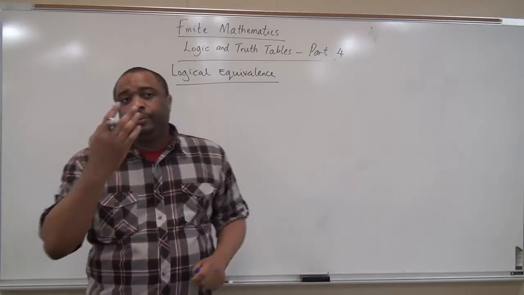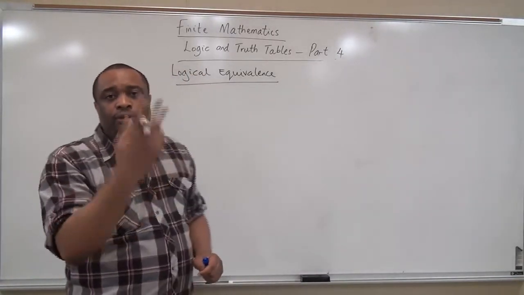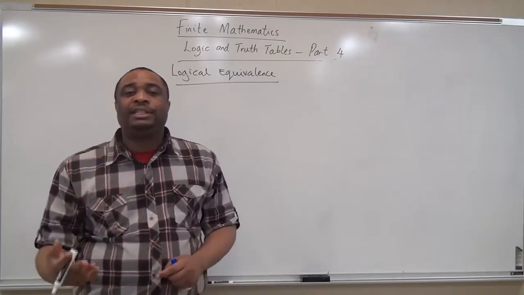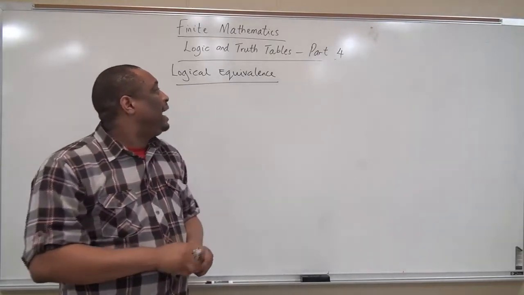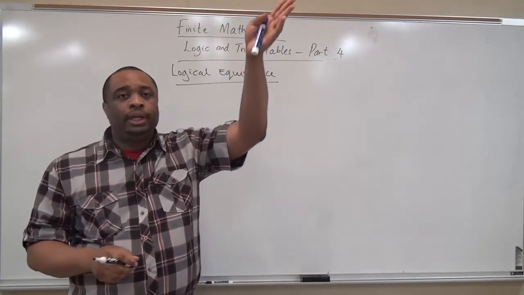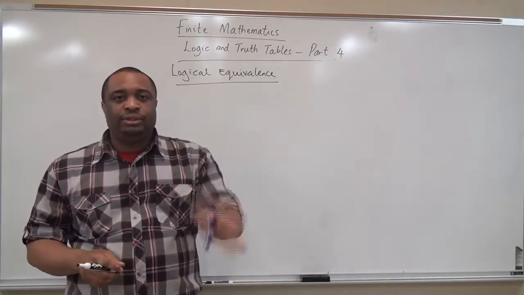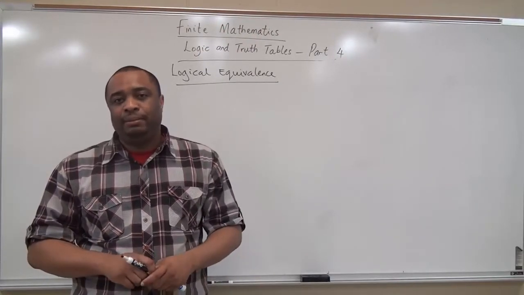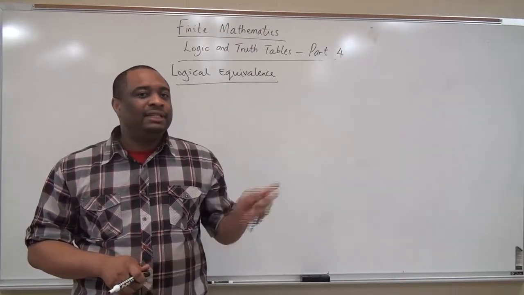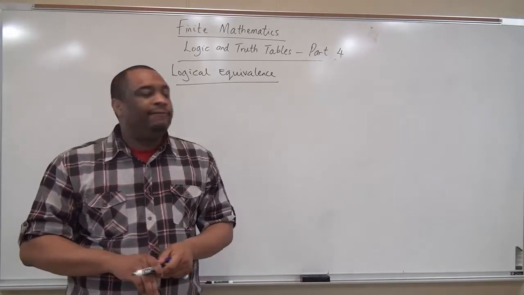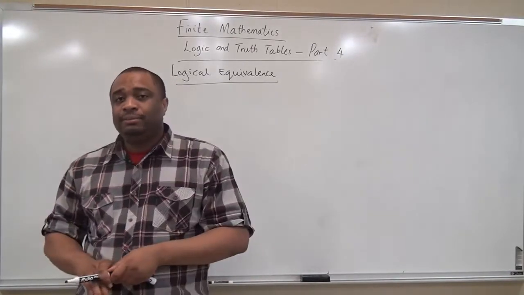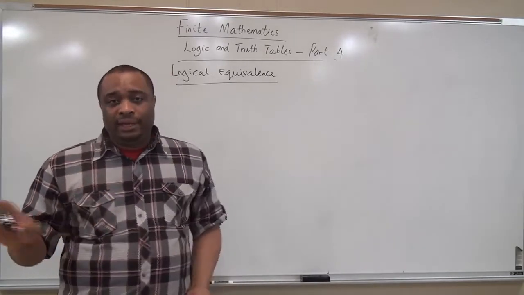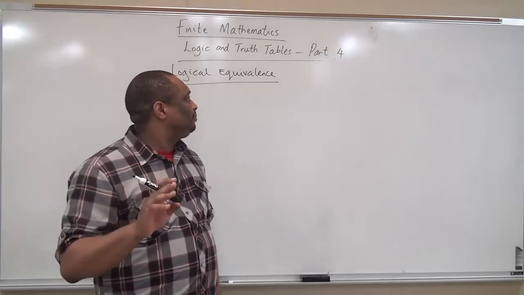I repeat, two statements or two propositions are said to be logically equivalent if they have the same truth table values in the final answer column of their truth tables. If they do not have it, then they are not logically equivalent.